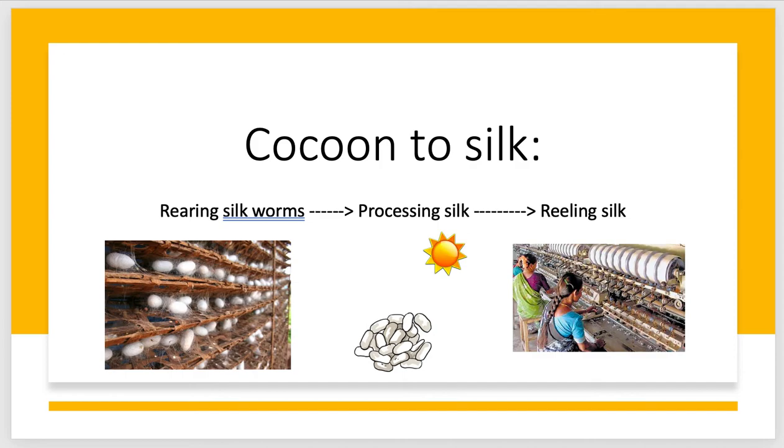Then the eggs are warmed to a suitable temperature so that the caterpillars can hatch out of them. So once the silkworm or the caterpillar hatches, it is made to eat different types of leaves, for example, mulberry leaves. So these silkworms eat the mulberry leaves, they grow in size, and then they form the cocoon.